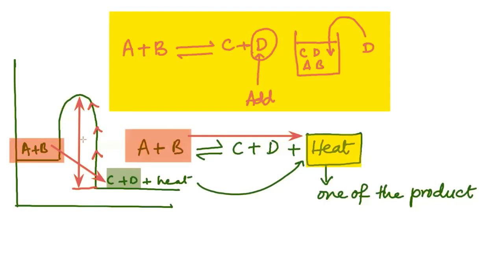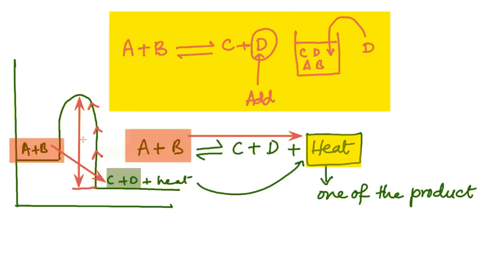This is another way of understanding what is happening if you are heating a reaction mixture where the reactants and products are at equilibrium, and how the equilibrium is going to get affected. The simplest way, which I always tell the students, is to check which reaction is exo and which is endo.